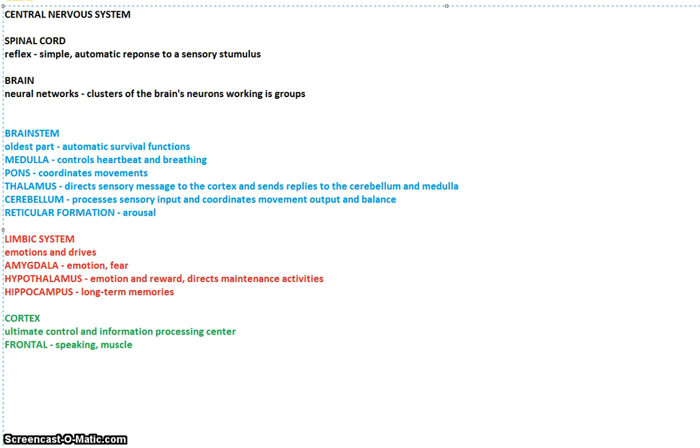It also does muscle movements, planning, judgment. So we won't get into the specific divisions in this, but for example, the speaking section is Broca's area. If this part is damaged, it's going to affect your ability to plan accordingly, to make good judgments.